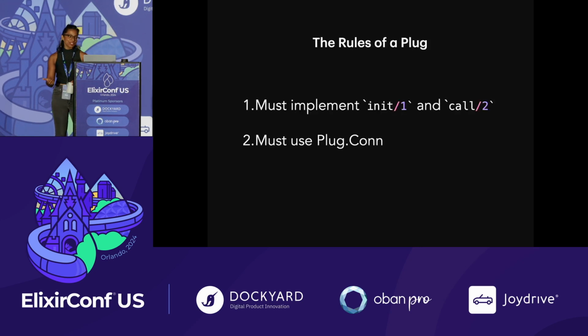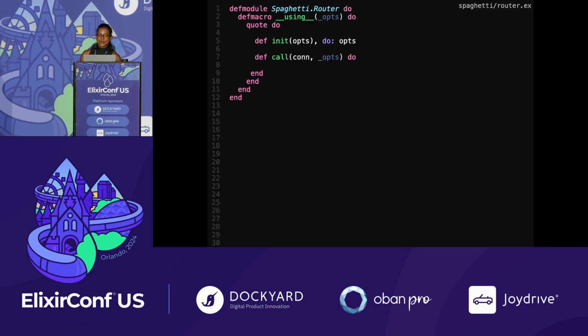And so the rules of plug, to remember as we're writing this, is that we have to implement an init that is single arity, and we have to implement a call which is double arity. And we also have to use Plug.Conn, because that's a specification for plugs, very important. So I'm going to call my router Spaghetti, because the code is spaghetti.